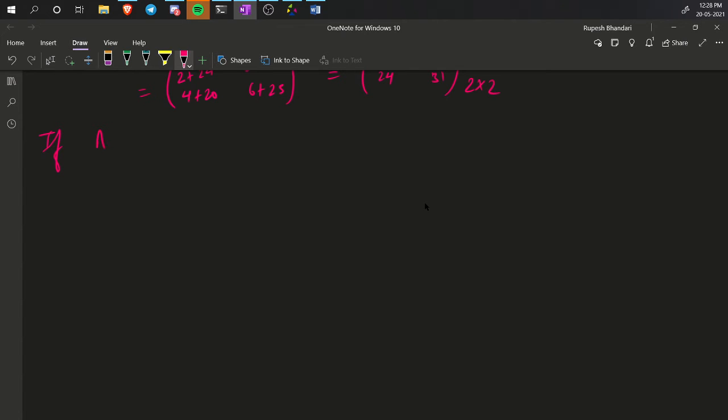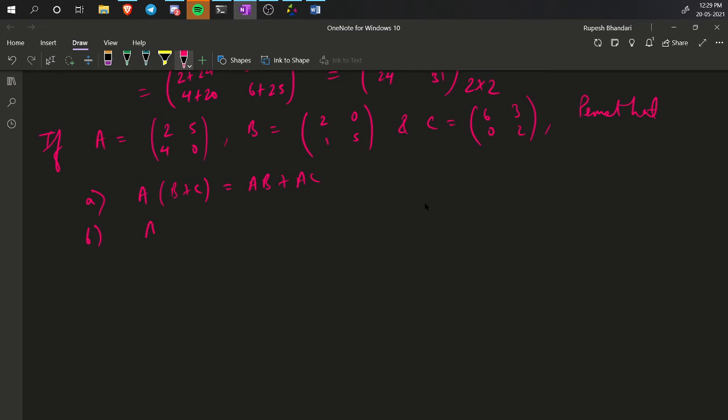So if A equals 2 4 5 0, B equals 2 1 0 5, and C equals 6 0 3 2, prove that: A, A(B plus C) will be equal to AB plus AC.